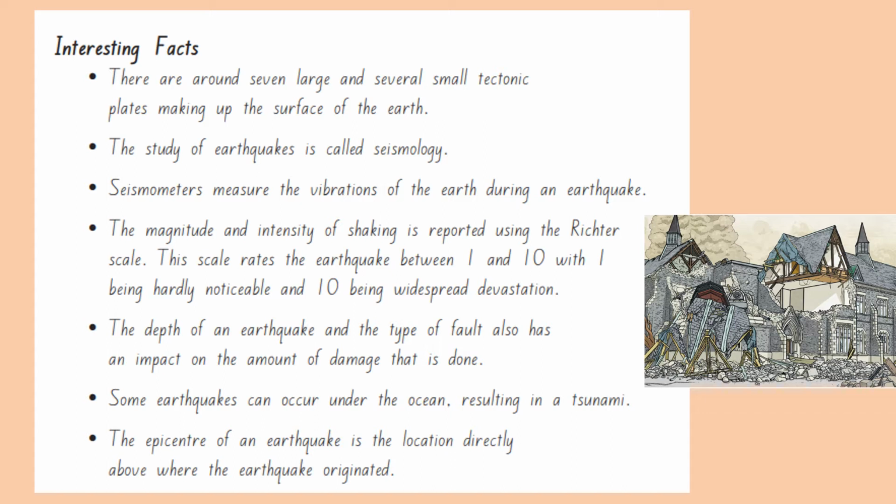This scale rates the earthquake between 1 and 10, with 1 being hardly noticeable and 10 being widespread devastation. The depth of an earthquake and the type of fault also has an impact on the amount of damage that is done. Some earthquakes can occur under the ocean, resulting in a tsunami. The epicentre of an earthquake is the location directly above where the earthquake originated.